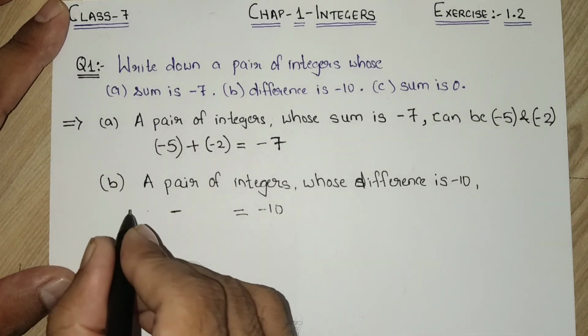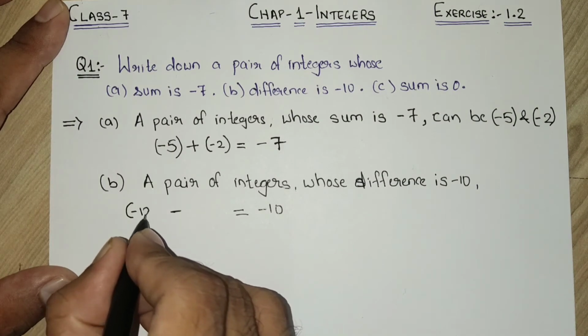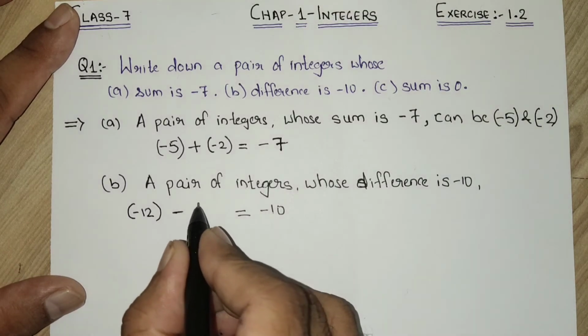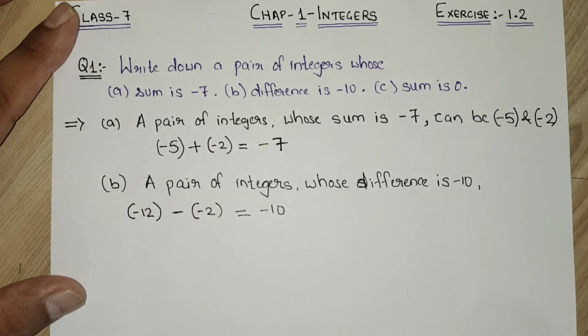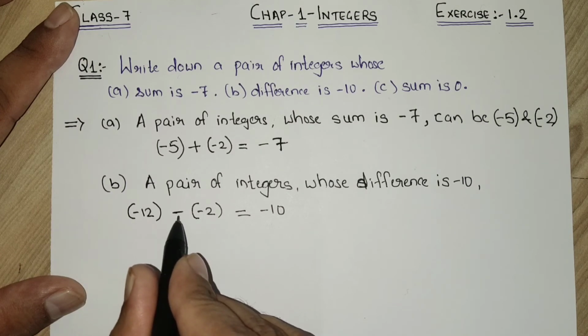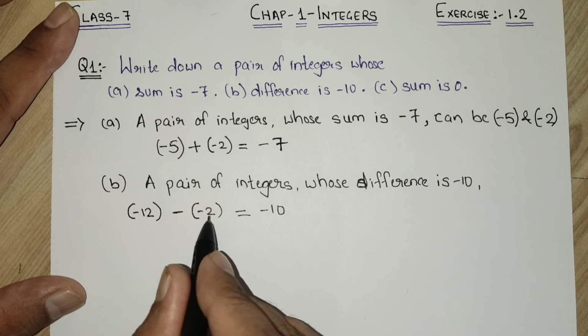I am giving you one such pair, that is -12 and then subtracting -2. Will it give me -10? Let us see. Subtraction is the same thing as adding the additive inverse of the next number.